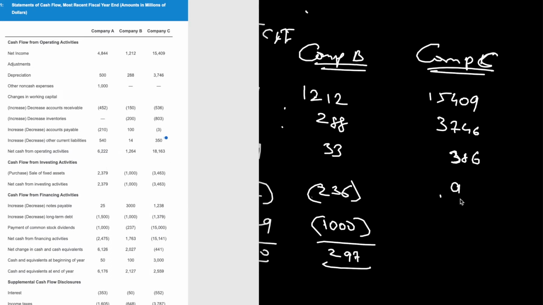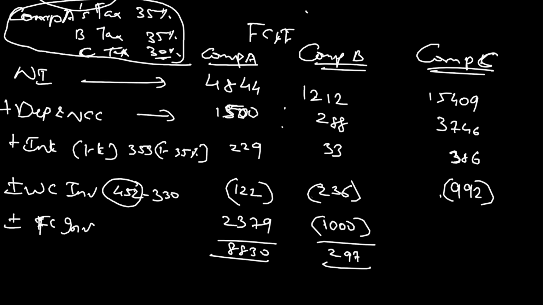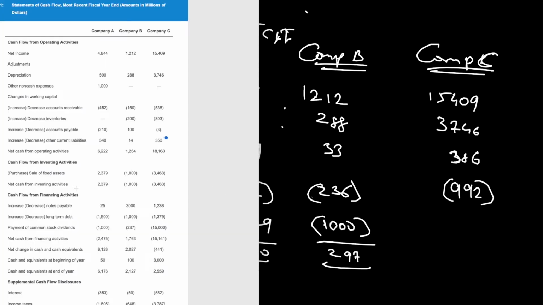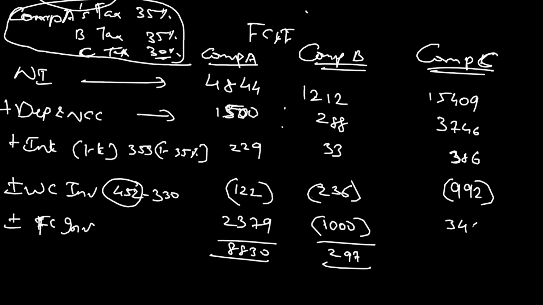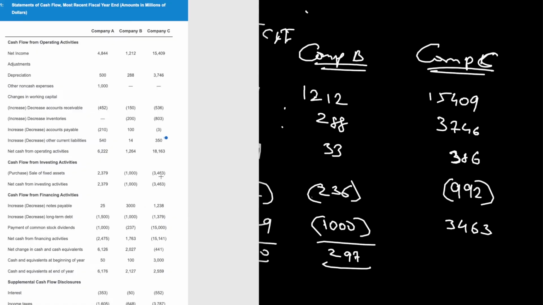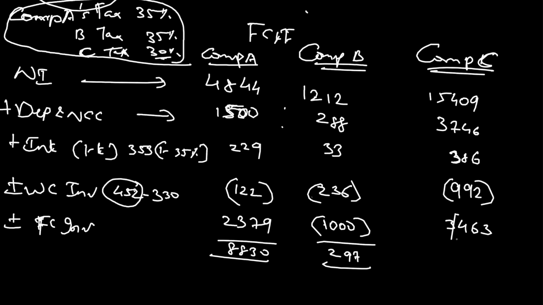So minus 992. Then fixed capital investment for the third company is 3463, it is mentioned here. So 3463, it is in minus, so I'll take minus.